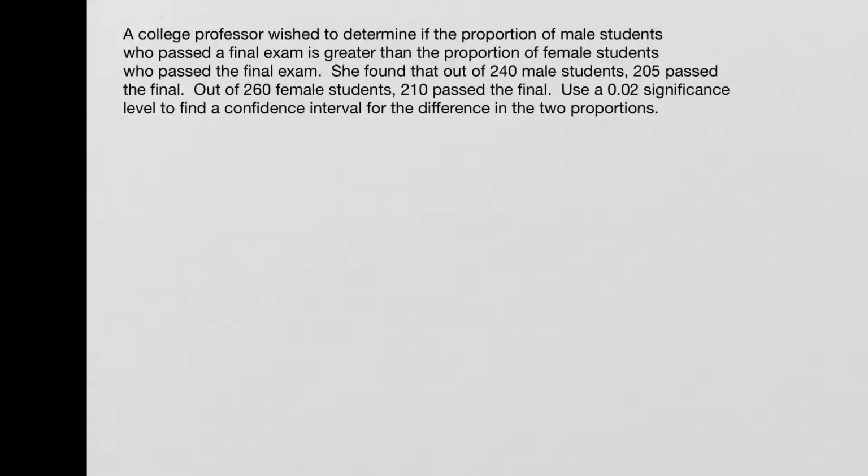And for that, I look to the claim. It said that the professor wished to determine if the proportion of male students who passed the final exam is greater than the proportion of female students who passed the final.